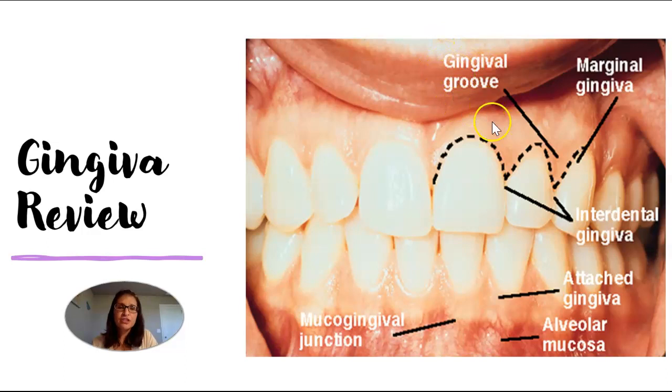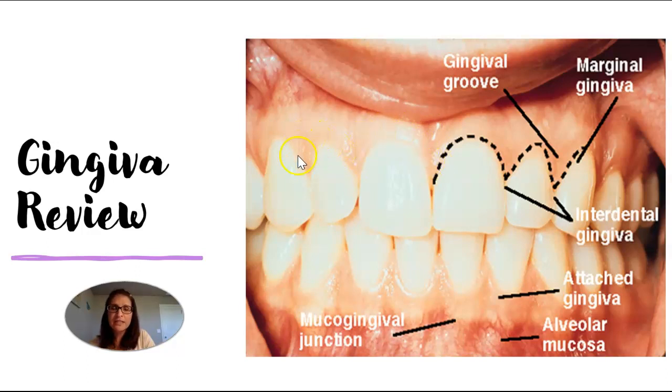We also have this gingival groove here, which is sort of this area right here. You could probably see it a little bit better on this area. And what it does is it's where the attached gingiva meets with the marginal or free gingiva, and it sort of creates that connection.